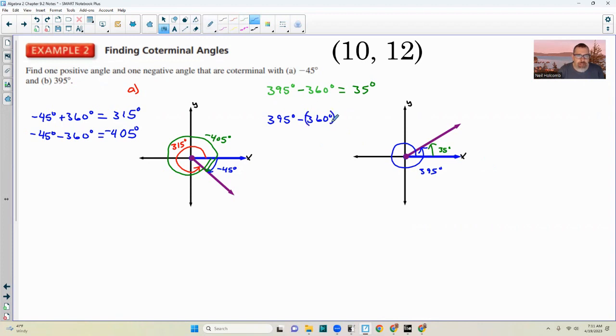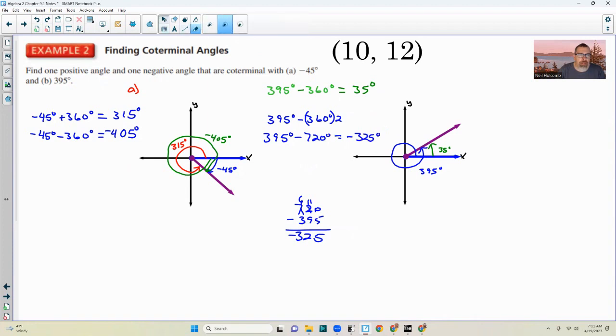So minus 360 times 2. Okay, and that's going to be 395 degrees minus 360 times 2 is 720. And let's see, 720 minus 395, just to show you, 10, 5, 7 to 6, 11 to 325. And you take the sign of the bigger, that's negative 325 degrees.